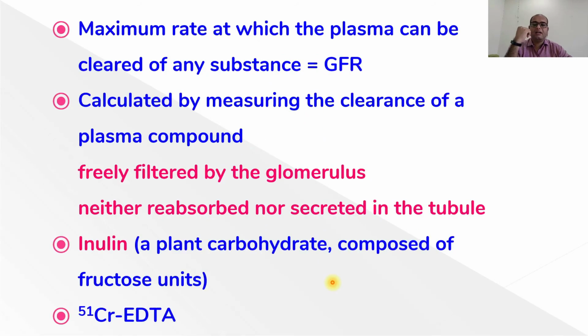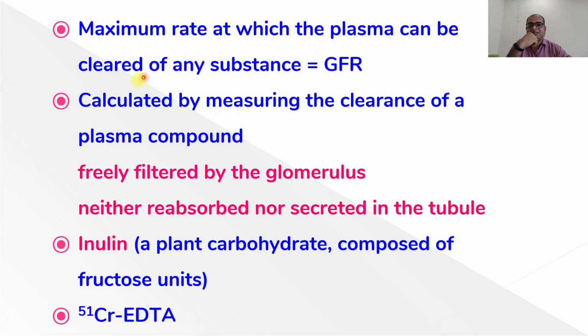From this clearance test, what you can derive is that the maximum rate at which a particular substance can be cleared from the plasma will coincide with the GFR. What was GFR actually? It is the filtration rate, meaning how many ml of plasma are getting cleared by the glomeruli or by the kidney.